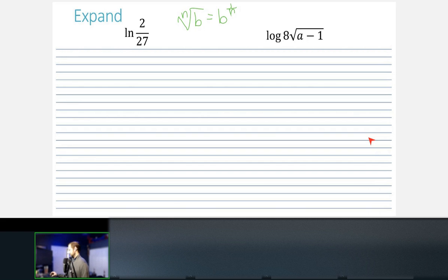Yeah, so what Brady has, the 3 log 2 plus 1/2 log a minus 1, is correct. So how did you guys get a 6? Some of you got a 6 in front. What's going on there?